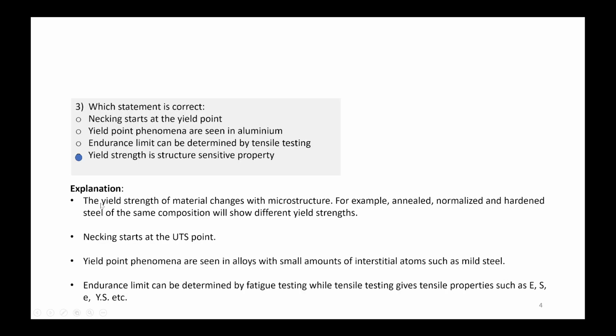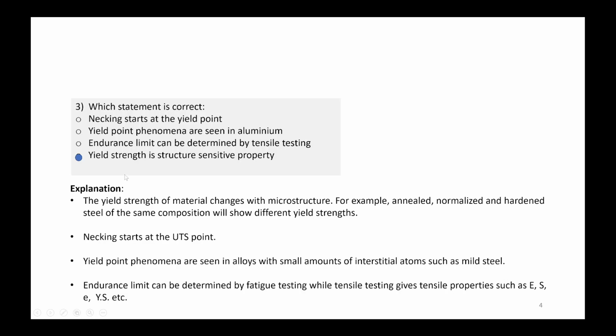In case of this statement, yield strength of a material changes with microstructure. For example, annealed, normalized and hardened steel of the same composition will show different yield strengths. For the first statement, necking starts at the ultimate tensile strength point, the maximum load in the curve, where your necking starts.